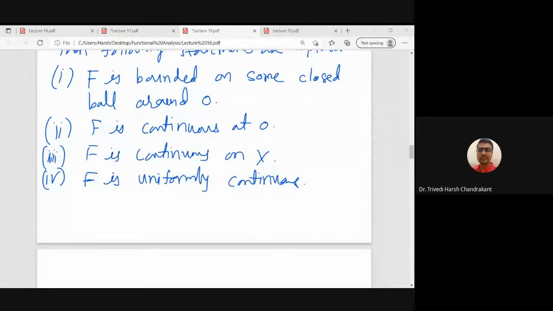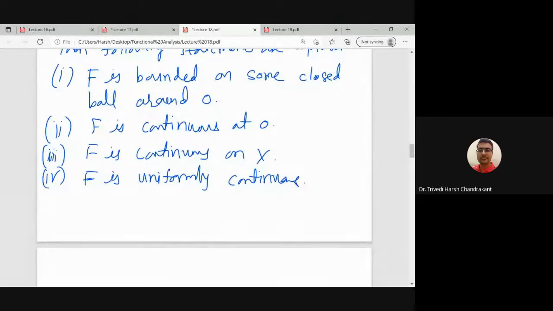So what is the definition of uniform continuity? What is the difference between a continuous and a uniformly continuous function?